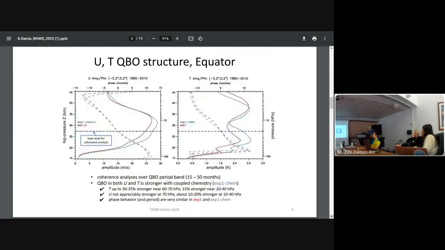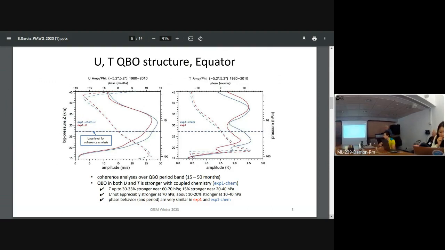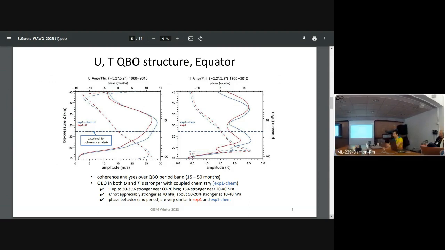I can do the same thing with a coherence analysis, but now I'm just looking at a vertical profile at the equator, so you can superimpose one curve on the other and look at the difference a little bit more easily. On the left is the coherence analysis for zonal wind. On the right is the coherence analysis for zonal wind temperature. And what you see is that you see these pretty significant differences.